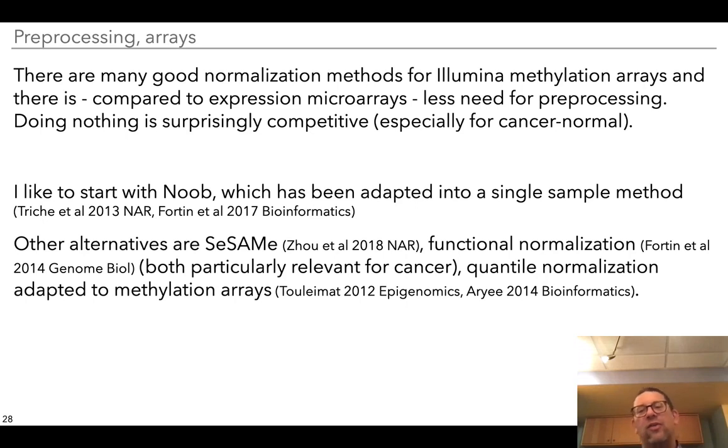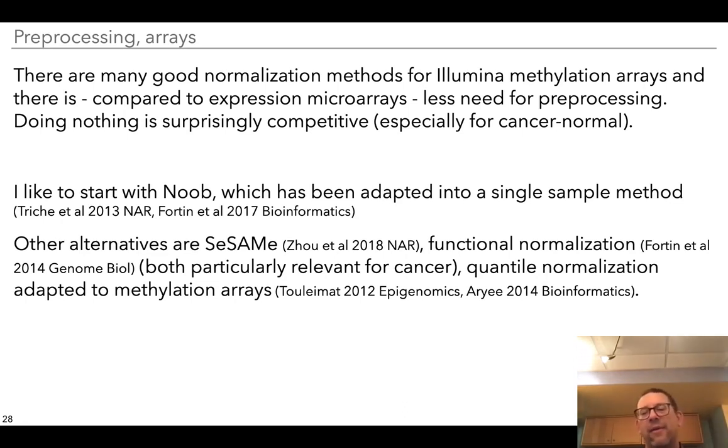Other alternatives that I always have in the back of my mind are Sesame, sort of a new pipeline that is particularly relevant. I would really look into that a lot if I was assaying cancer data. I have a method on functional normalization that is also relevant for cancer. Sometimes with functional normalization you can do a little bit better than Noob, but not always.